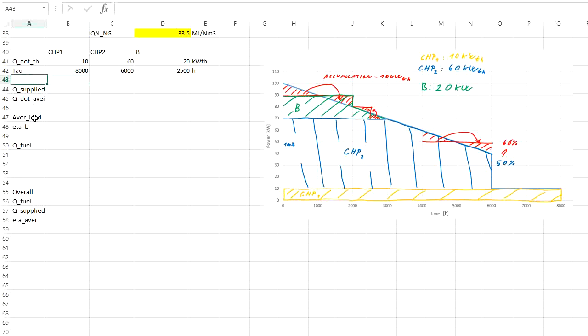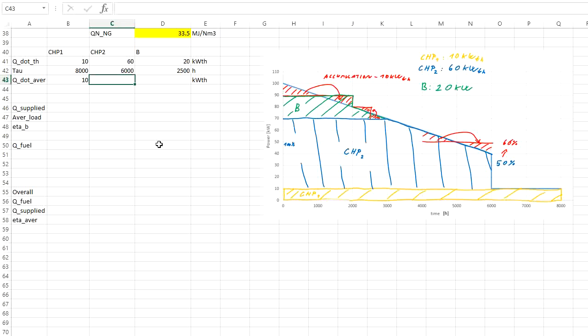Now the average load in kilowatts. Let's have it like this. So for the CHP1, it was all the time running at the 10 kilowatts, so there nothing is changing.